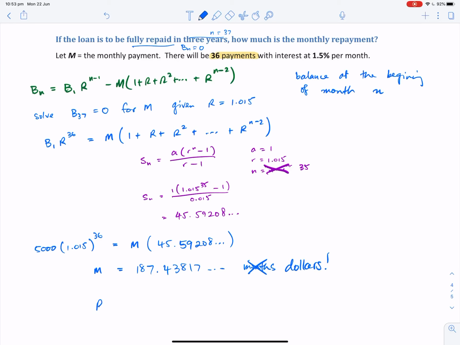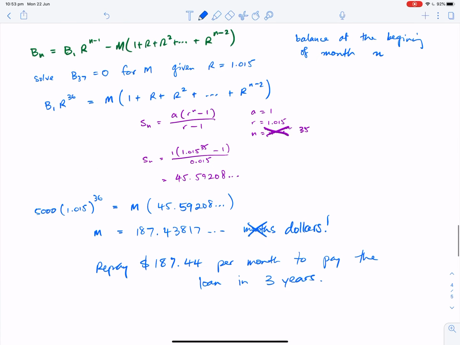Okay, so repay $187.44, near a cent, per month to pay the loan in 3 years. There we go. All right, hope that was helpful.